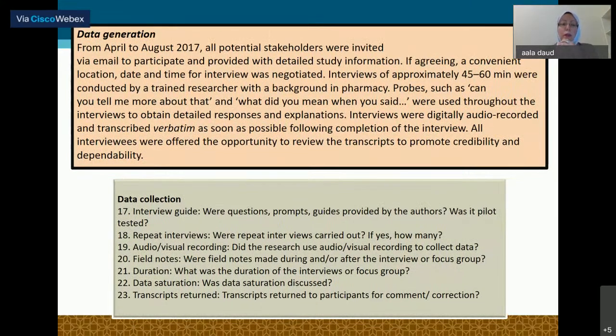So the next paragraph, data generation. So now they are stating that from April, etc. So I'll give you a few seconds to read through that, and then we can look together at the checklist.